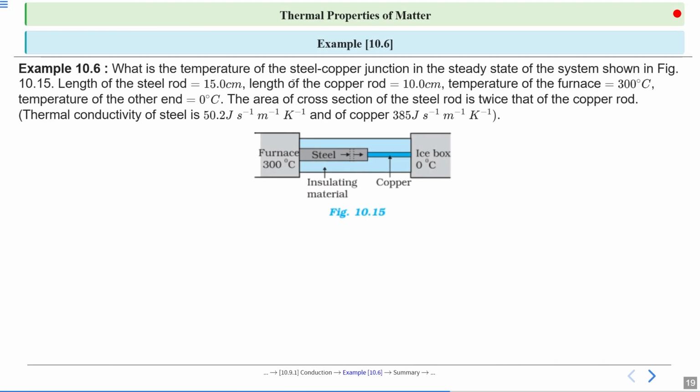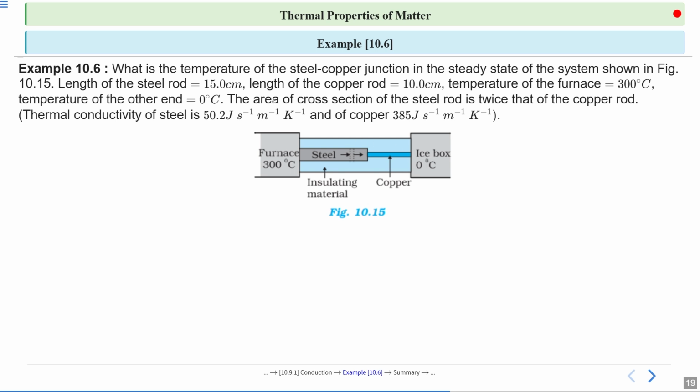Example 10.6. What is the temperature of the steel-copper junction in the steady state of the system shown in the figure? Here we have a steel-copper junction. This one is the steel and this one is the copper. The length of the steel rod is 15.0 centimeter, whereas the length of the copper rod is 10.0 centimeter. The temperature of the furnace is 300 degrees Celsius and the temperature of the other end is 0 degrees Celsius.